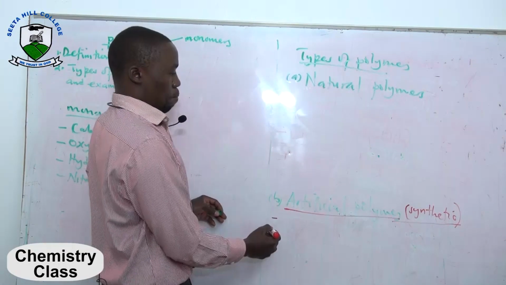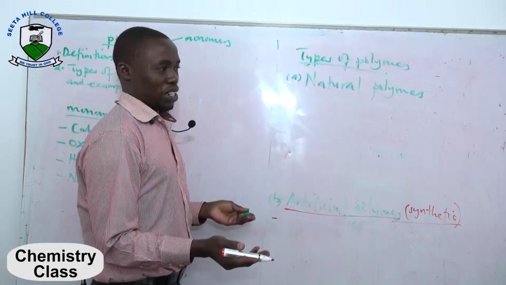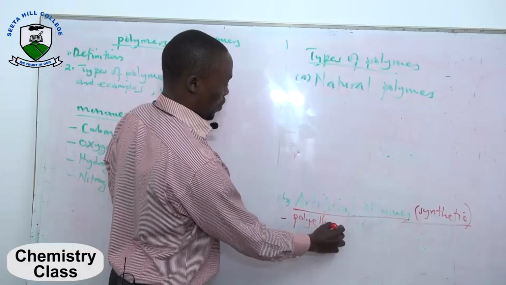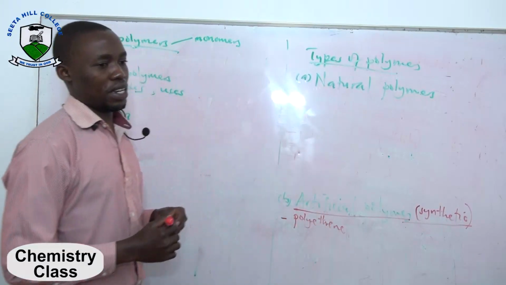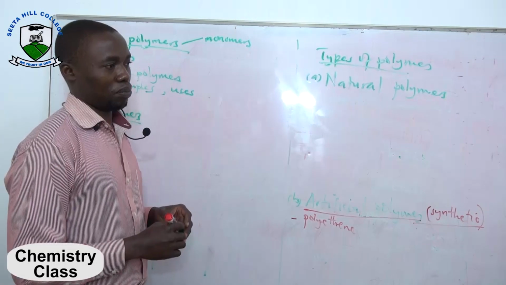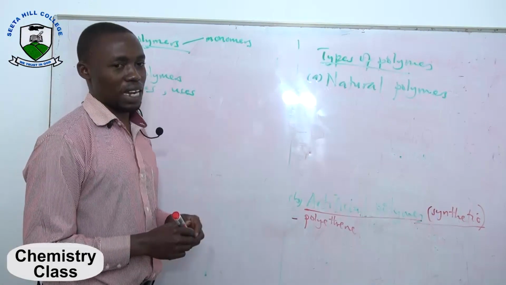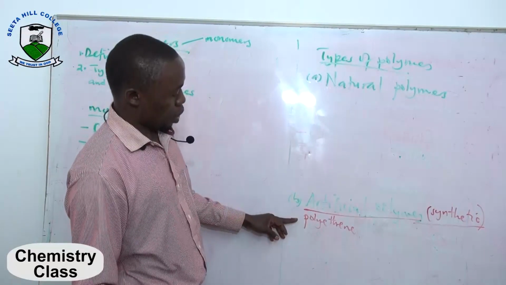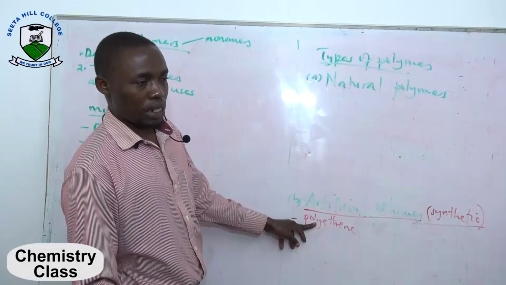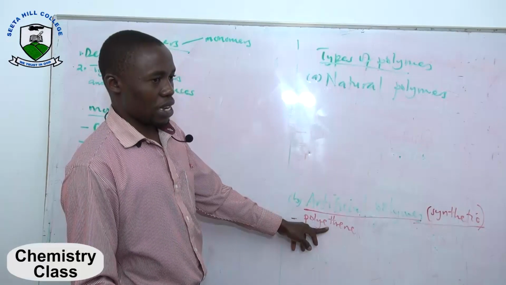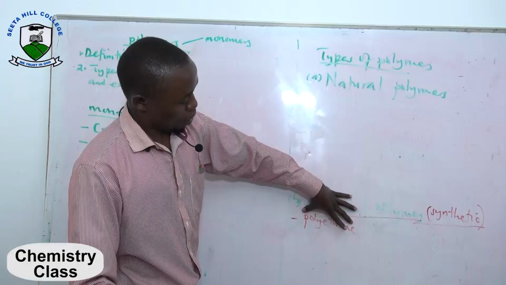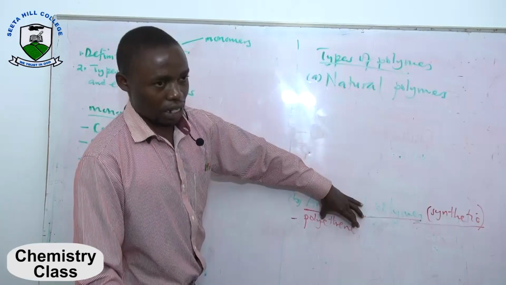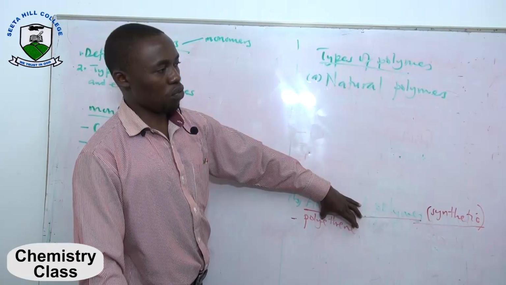Now, the common polymer that we have is polyethylene. This is what we call a polyethylene bag. Clear? Now, when we say poly, then ethylene, the whole compound, the whole substance here is a polymer, but this smaller part that is attached to it is the building block of that polymer.